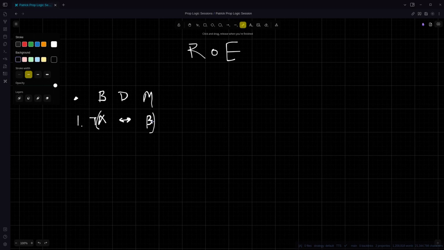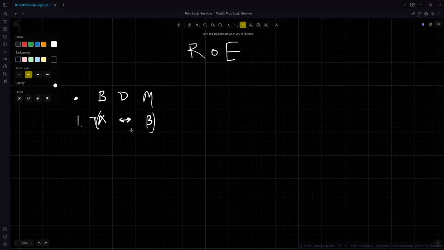A biconditional is true when both atomic propositions have the same truth value, and it is false when they have different truth values.